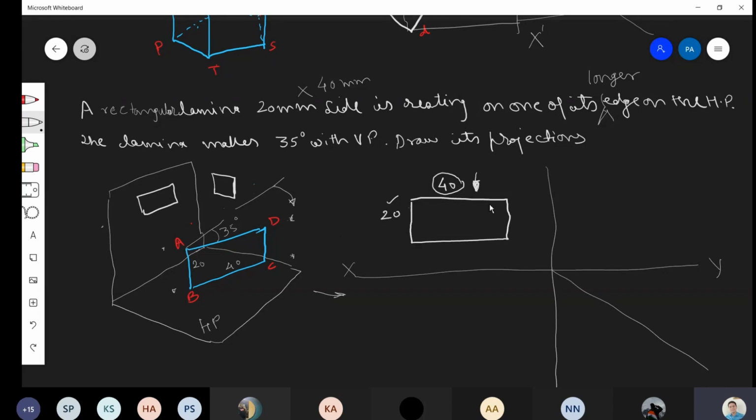Now try to bring it close to you like this, and try to incline it at some angle, and slowly increase the angle, and keep watching this vertical dimension as well as the horizontal dimension.